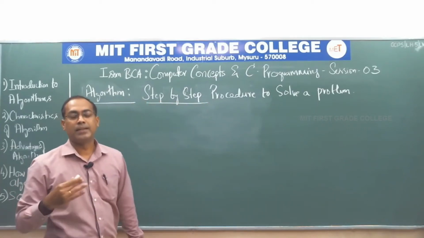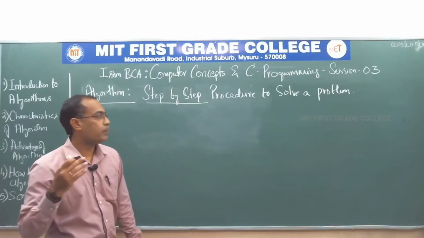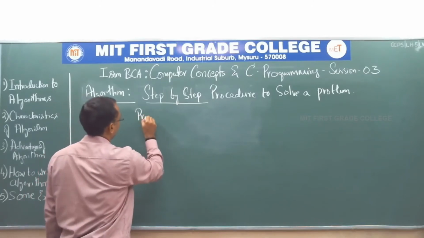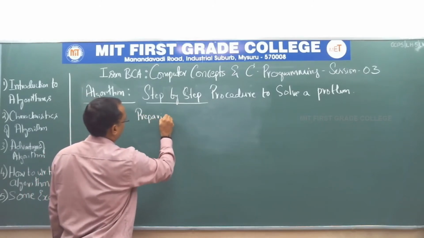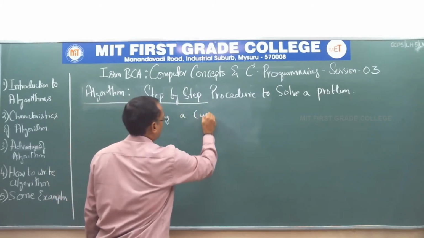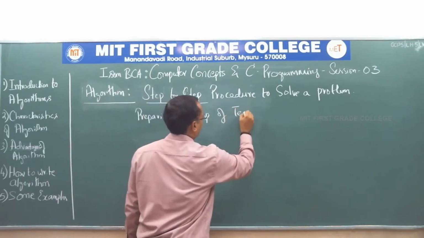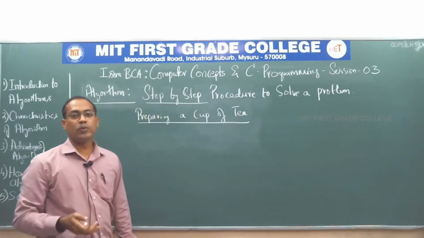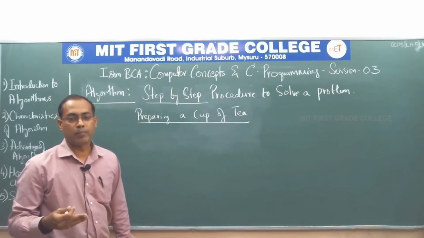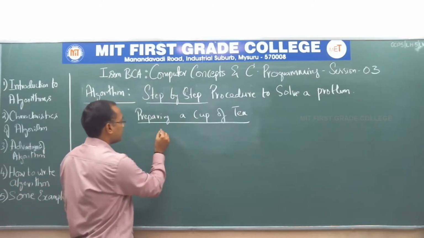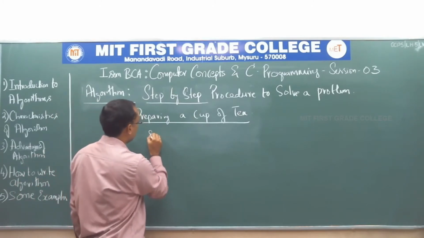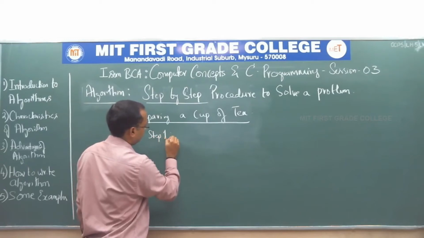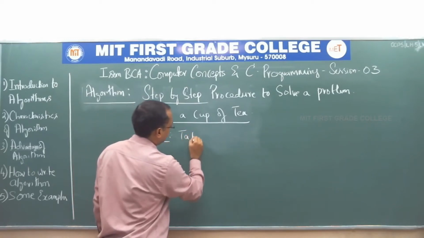We shall take a simple example of preparing a cup of tea. So, if you want to know how do you prepare a cup of tea, we have to write down some instructions or some steps. In step 1, take a pan.